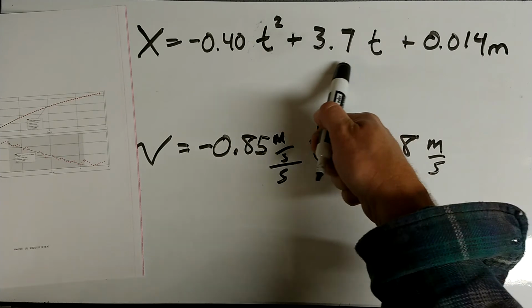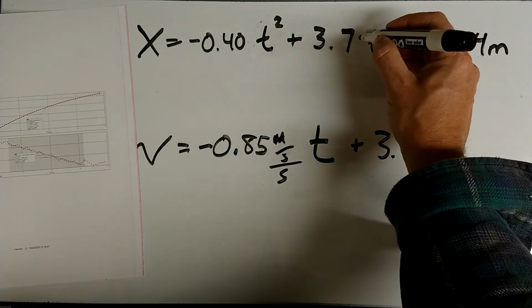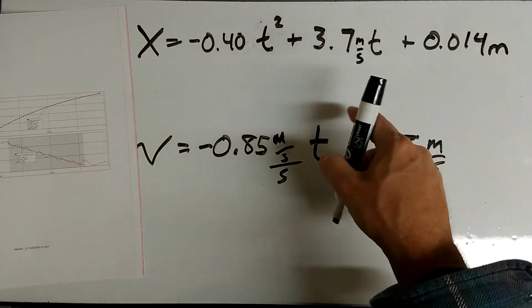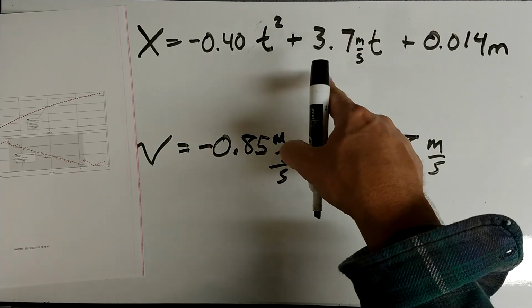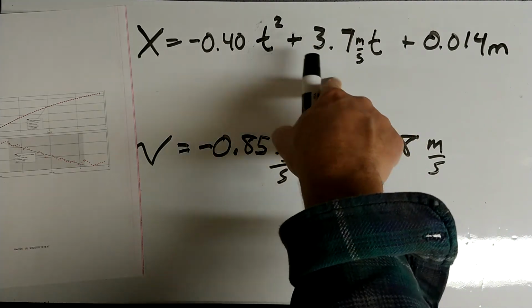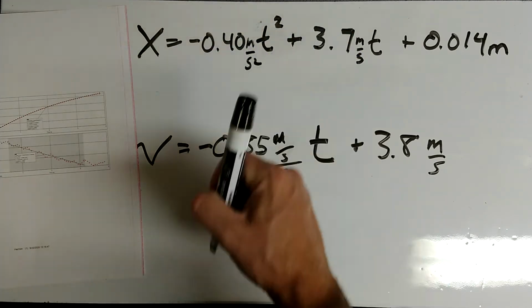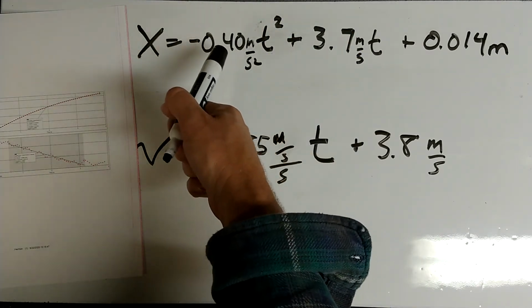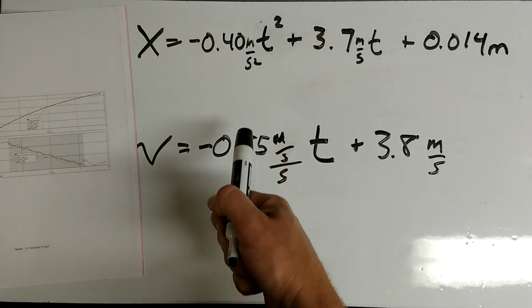The units on this one, this is v naught, turns out, which agrees with this, right? That should be meters per second. Because look, if it's meters per second, and then you multiply it by a time, the seconds are going to cancel, and it's going to give you meters on that term. This term has to be meters per second squared, which is an acceleration, but that's not the acceleration, right? It's about half of the acceleration.